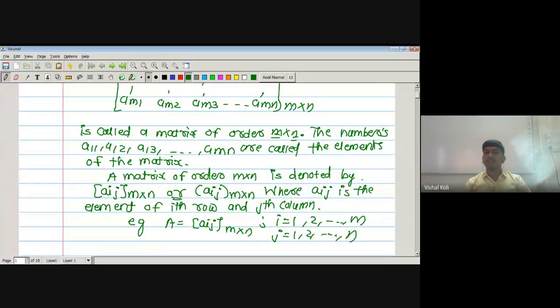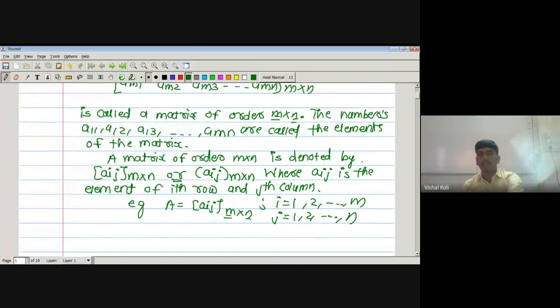Since in this m by n matrix, m is the number of rows and n is the number of columns, therefore i denotes the row and j denotes the column. So aij is nothing but the element of the ith row and jth column.